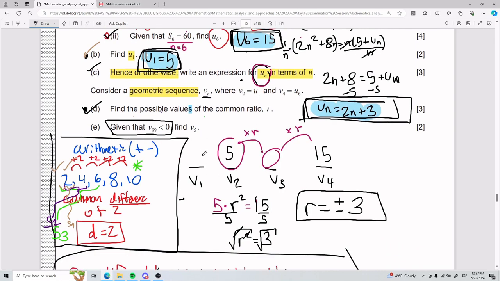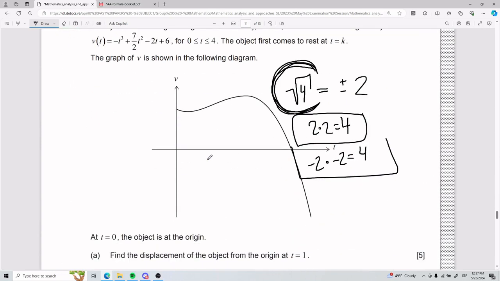For example, let's say r equals negative 2. You can start with positive 2, then it goes to negative 4, then positive 8, then negative 16. Yes, it's increasing, but some of these values are positive, some negative.